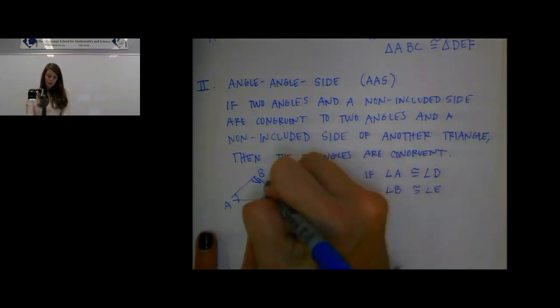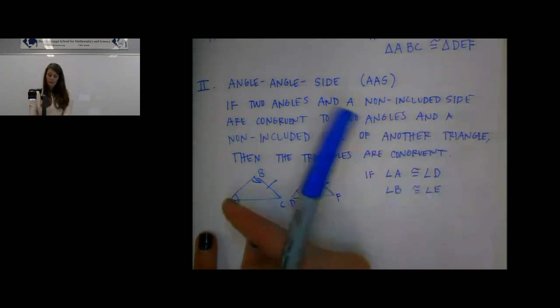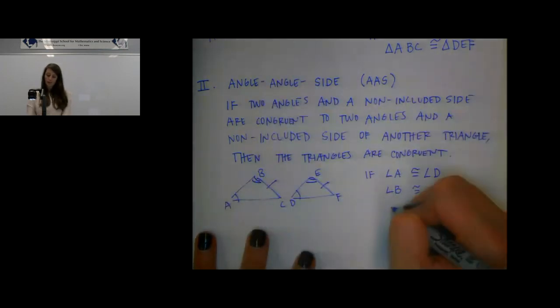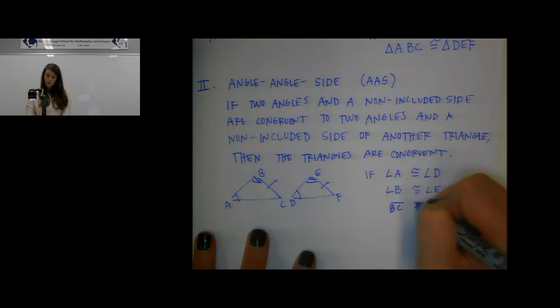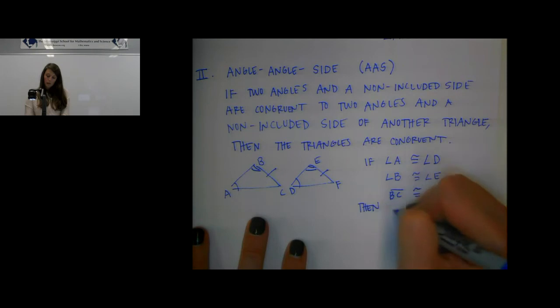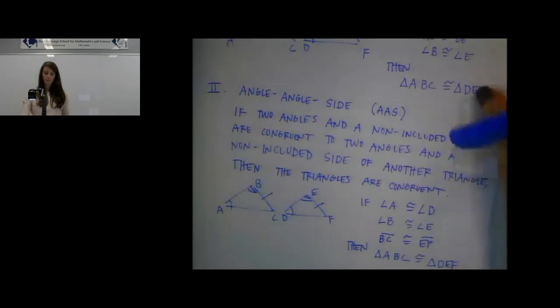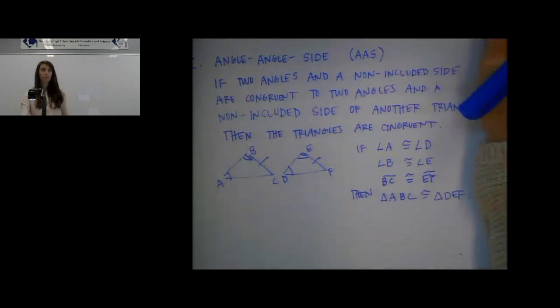So it's going to be the side BC and the side EF. So it has to go angle, angle, and a side. So if side BC is congruent to side EF, okay, then triangle ABC is congruent to triangle DEF by the angle, angle, side theorem there. Okay?